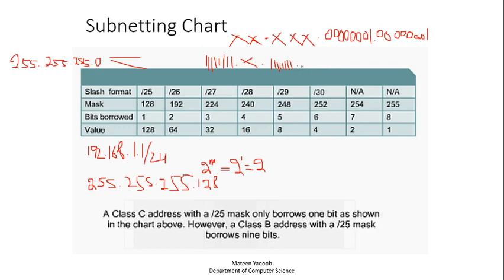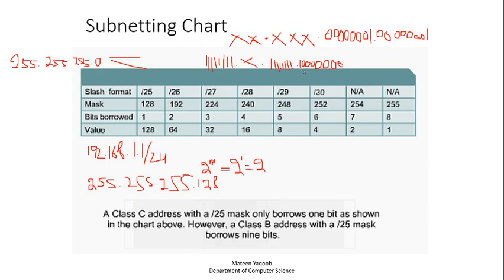So the resulting subnet mask will be, I have made the most significant bit, or I have borrowed this bit, to be 1. So the resulting subnet mask will be something like that, 1 and there will be 7 zeros, 3 4 5 6 and 7. So I have borrowed one bit from the host part, so this bit has been set to 1.